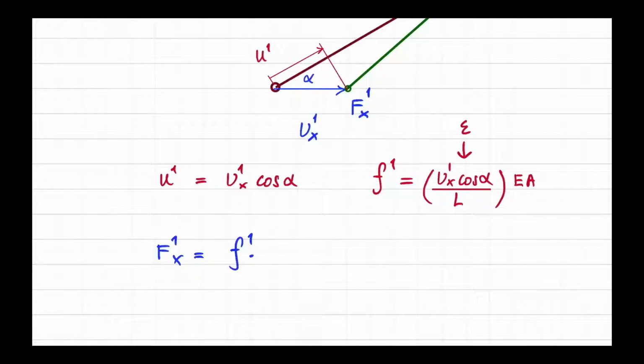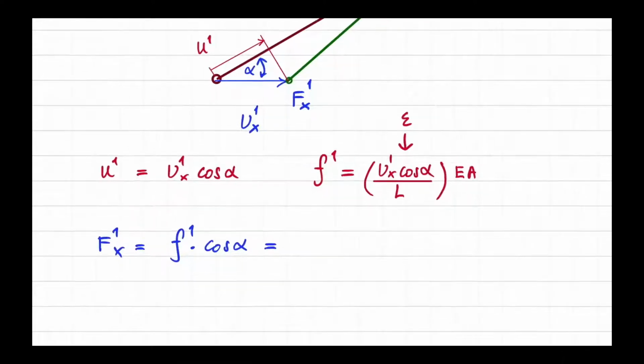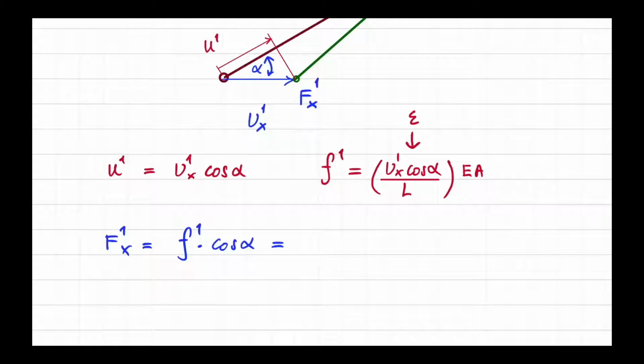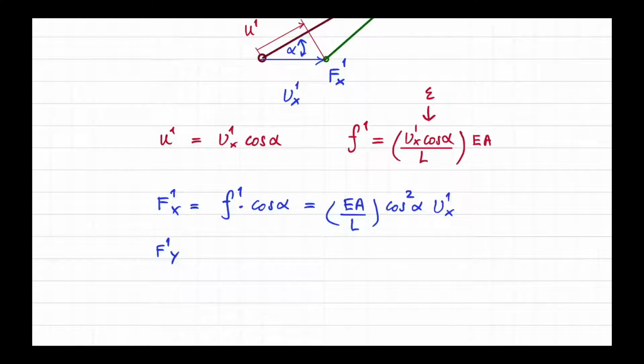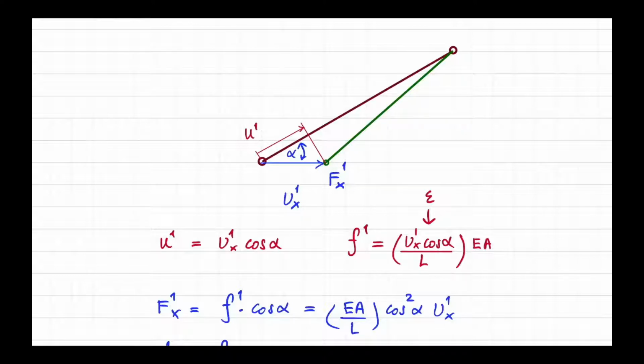The angle is still this alpha, cosine alpha, which is equal to EA over L multiplied by cosine alpha square times U1x. Now we can get F1x. You need to compute F1y later. F1y, we still need the vertical force.